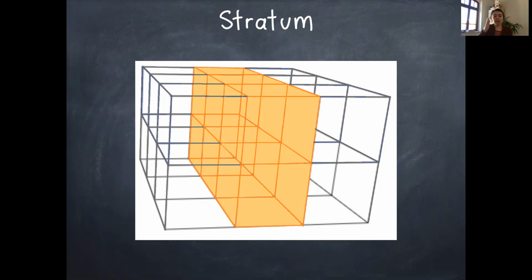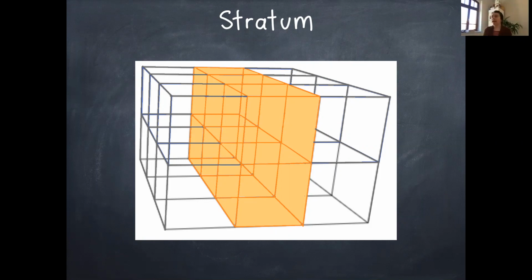For the ribbon, we chose a direction and we looked at the contiguous rhombi in that direction for which that edge was parallel. Think of the stratum in the same way. You pick an edge of one of the cubes and you look at all of the edges that are parallel to that edge in all of the possible directions. That gives us a stratum.